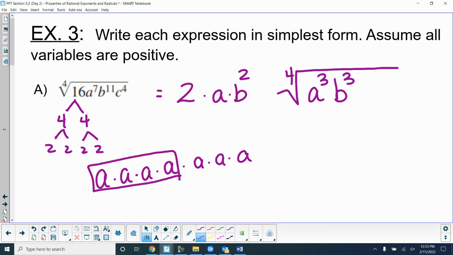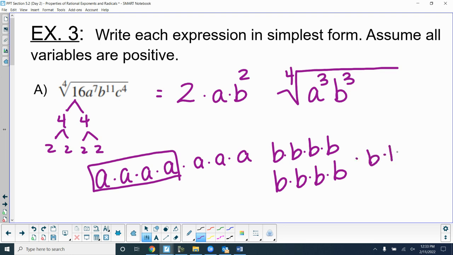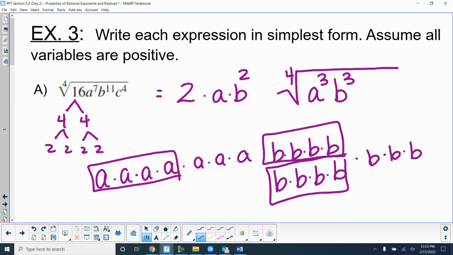For the B's, Robbie, pay attention. How many B's is that? How many are left over? So there's 2 sets of 4 B's. That's why it's B squared. How many are left? 3.